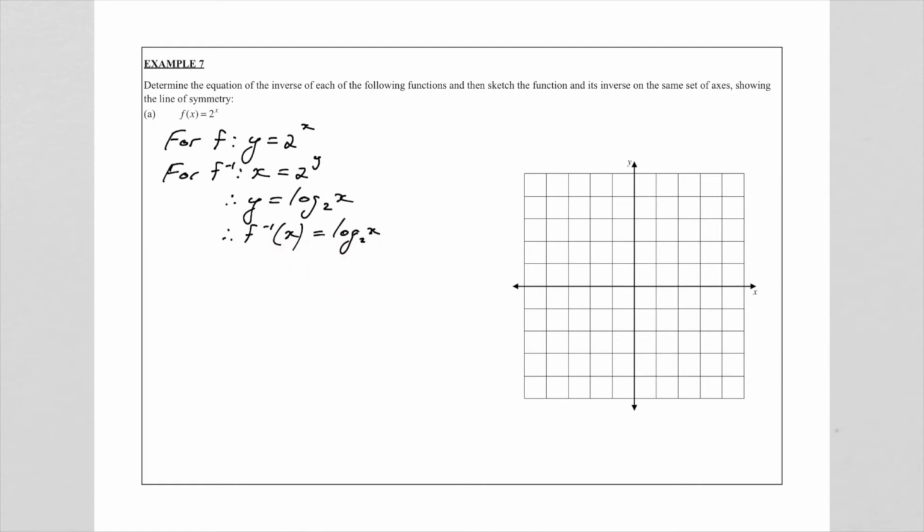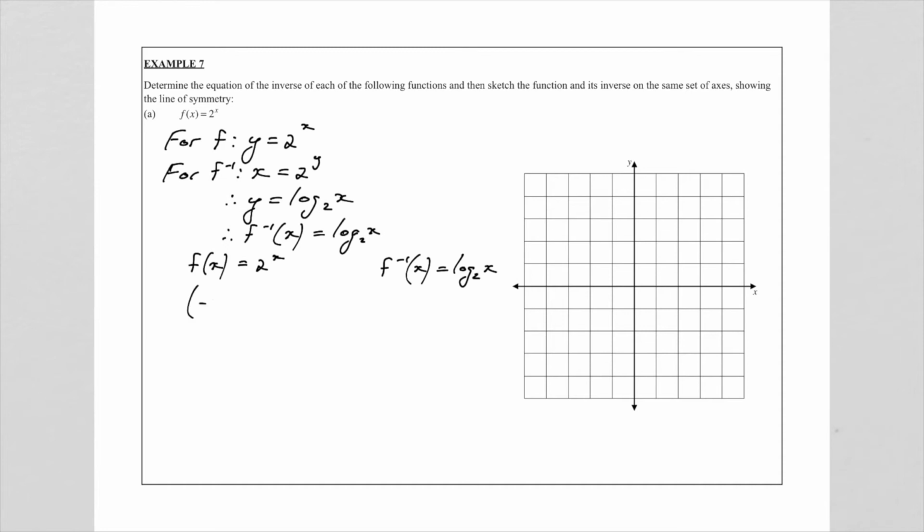So now we're going to find 3 points and we're going to plot them. So first of all, we're going to look at f(x) equal to 2 to the x, and then we're going to look at the inverse equal to log x base 2.